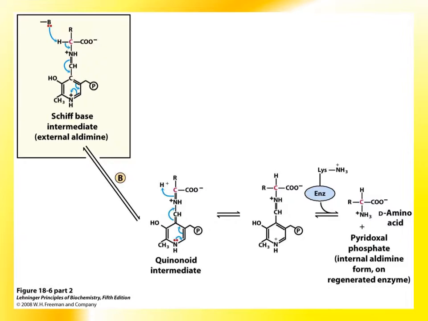Okay, whoops. I'm going to go more quickly over the next two because I don't want to say that they're not as important, but they're not as often seen for this class. The first step is exactly the same. So we have a base that comes in, you form your quinonoid intermediate.